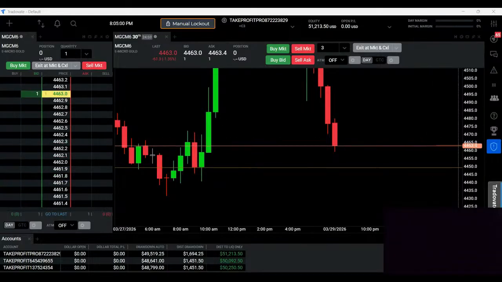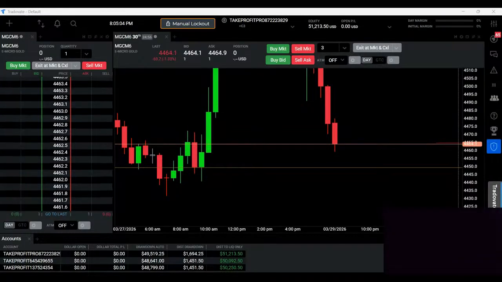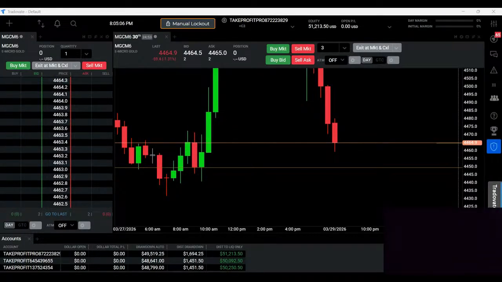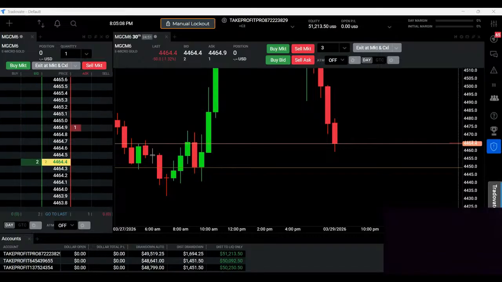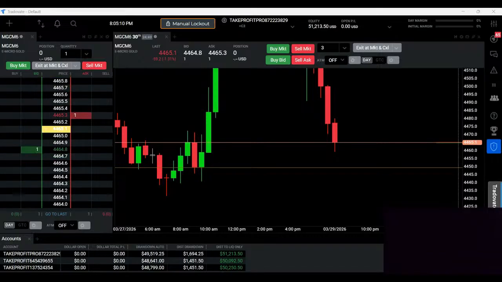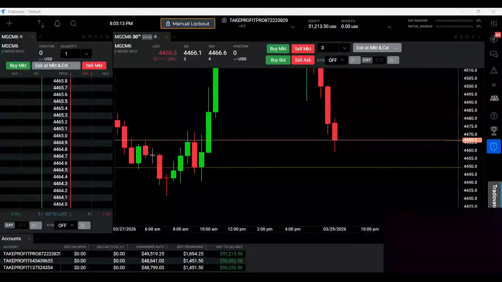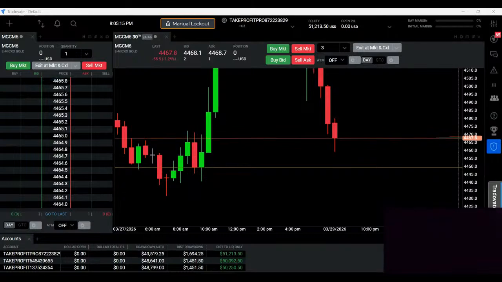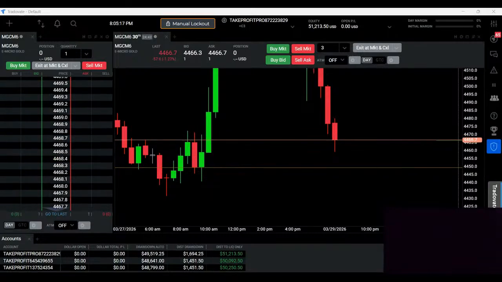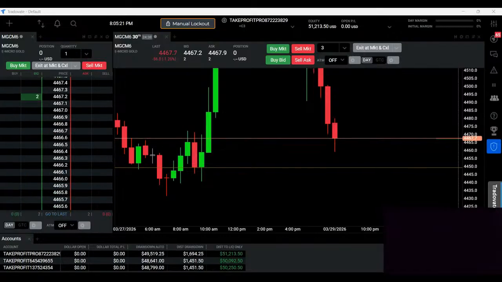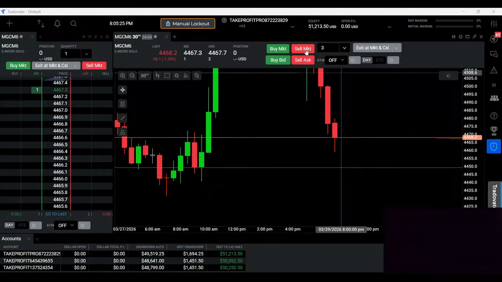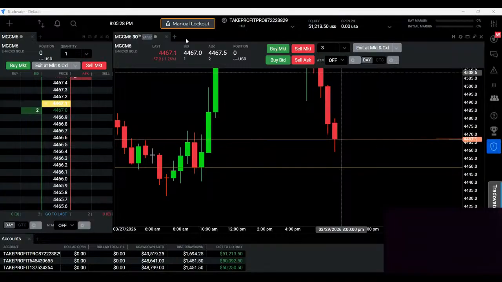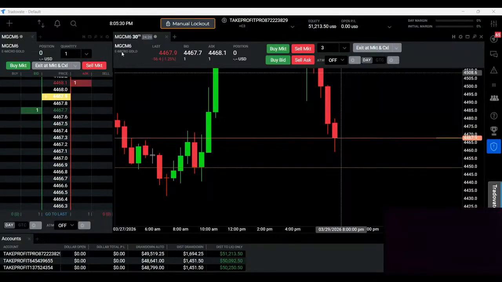Okay, I want to know what lot size I'll be using. Let's see. 200. So I'm gonna change this to... So this is micro for gold.